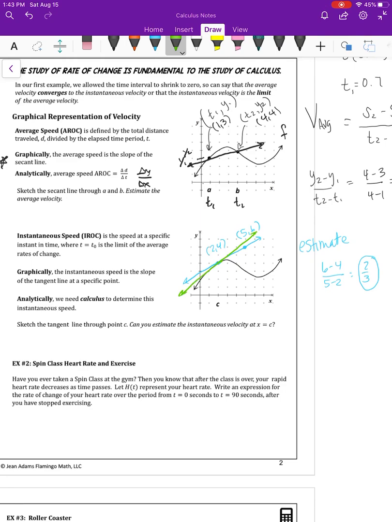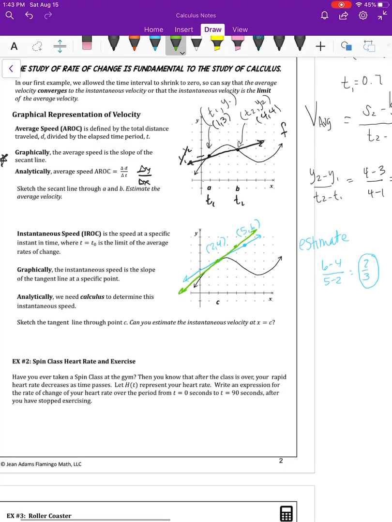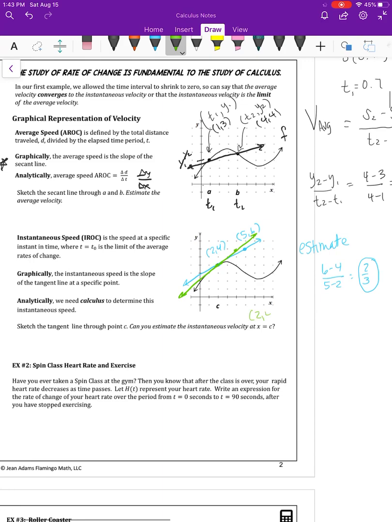Let's say that when you drew your line it went like this instead. Let's say it was a little bit steeper just because you drew it differently than me. And you chose that it went through this point right here, which would have been the point 1, 2, 3, 4, 1, 2, 3, 4, 5, 6. So if you said, well, I've got my point 2, 4 and 4, 6, then your estimate would have been 6 minus 4 over 4 minus 2, a slope of 1.